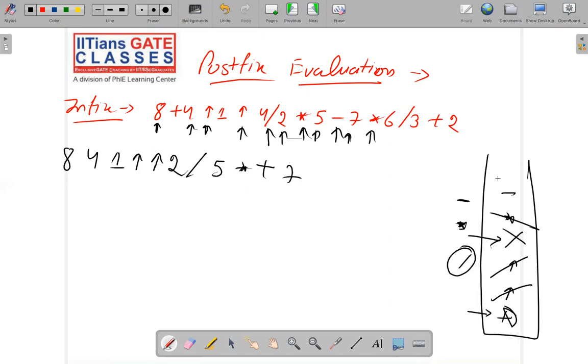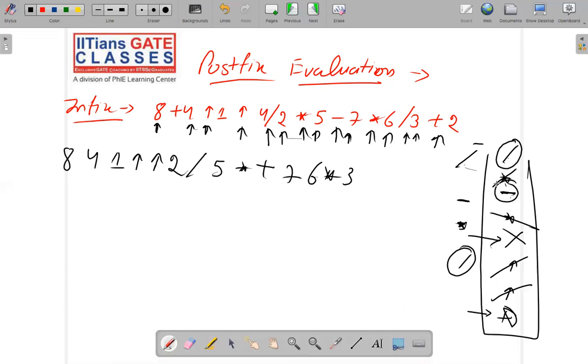Now star comes up, and star has high priority compared to minus, so we push it. Now 6 comes up. Divide and star have equal priority, but they are left associative, so we pop star, we print it, and divide has high priority compared to minus, so we push it. Okay, now the pointer is on 3. Now plus comes up. Plus has low priority compared to divide or minus.